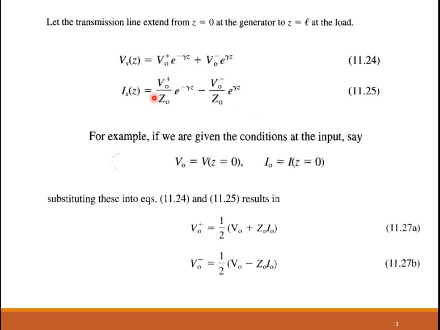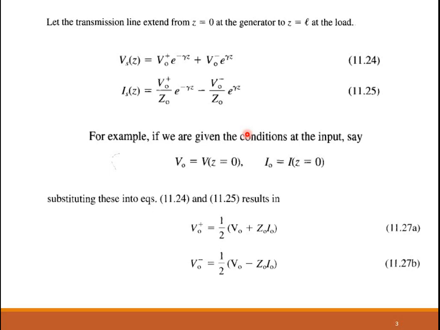What is this term? V0 plus by Z0 denotes I0 plus, that is the current wave in the forward direction. Similarly, minus V0 minus divided by Z0 denotes I0 minus, which is the current flow in the negative z direction.